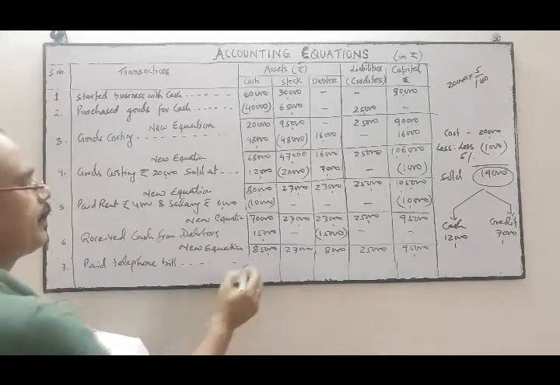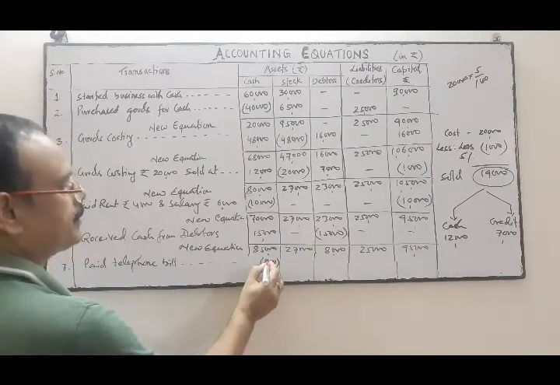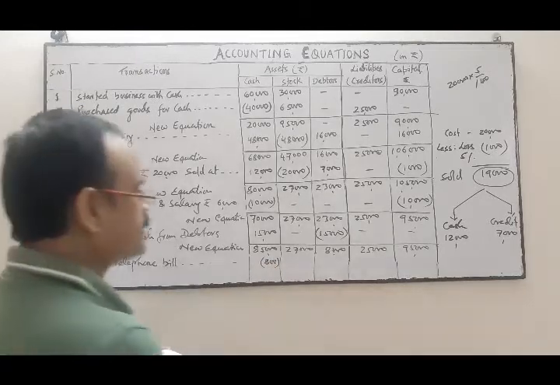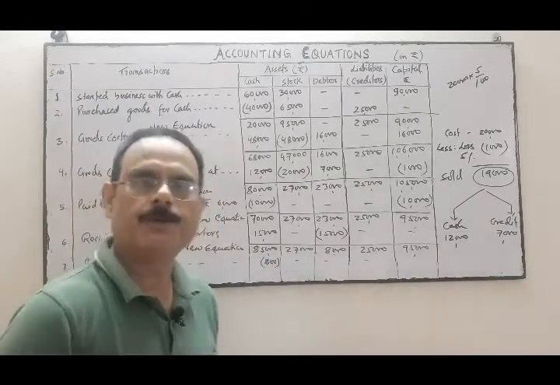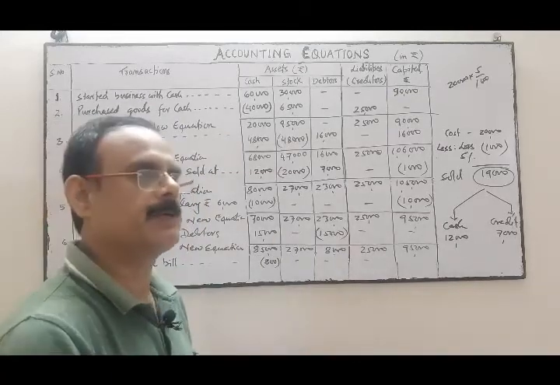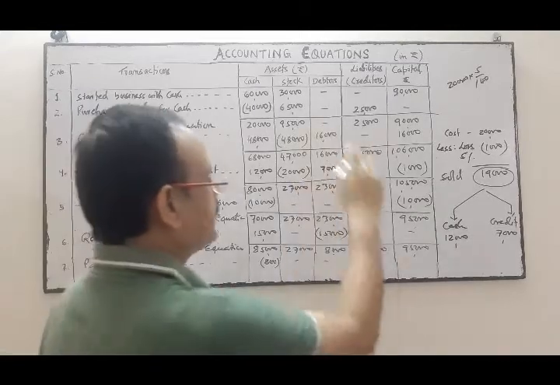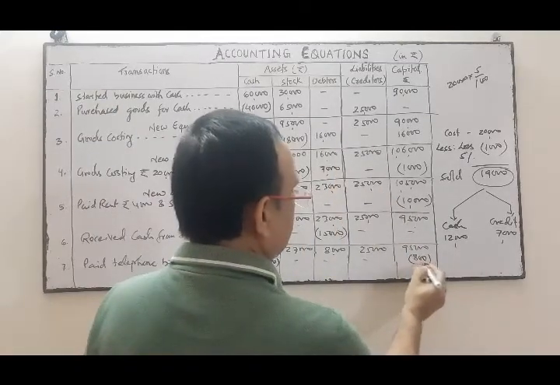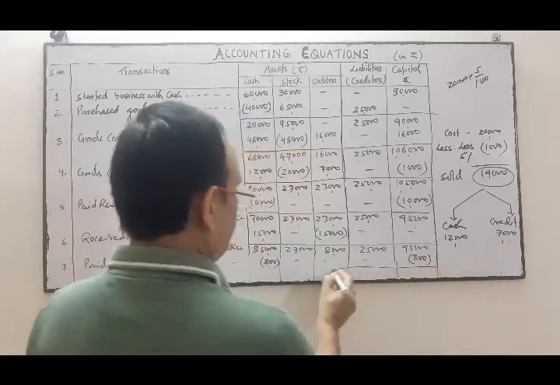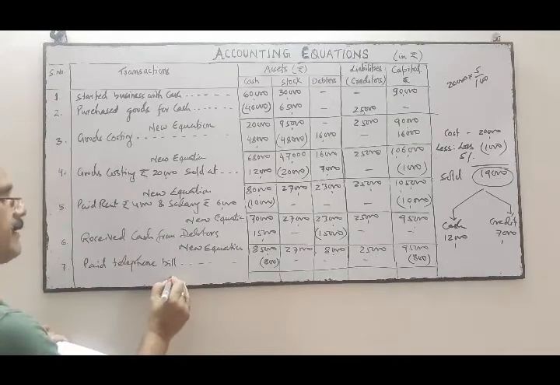Rupees 800, so the cash balance will reduce by 800 because you have paid the money in cash. The telephone bill is a revenue expense, and because of this revenue expense the profit will also reduce. When the profit reduces, the capital will also reduce by the same amount, so it affects the capital.